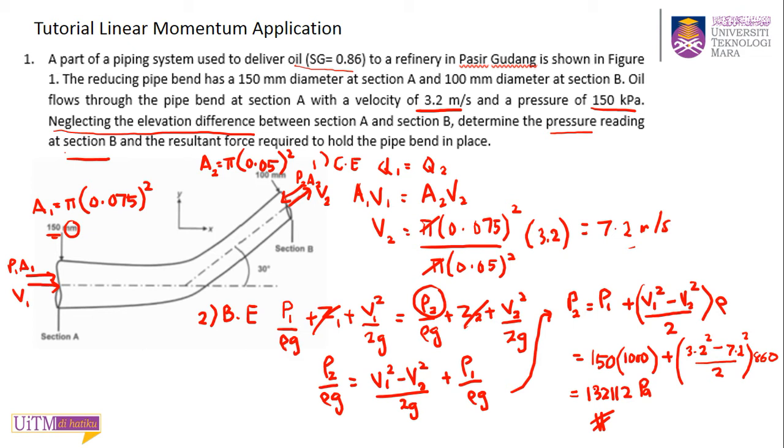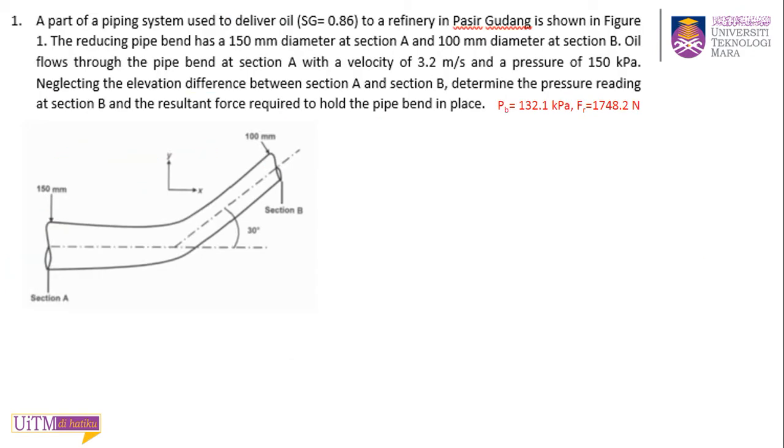Okay, and next one they ask you to find the resultant force. This is where your linear momentum equation comes in. So this is your first answer, correct? Next, remember your linear momentum equation.